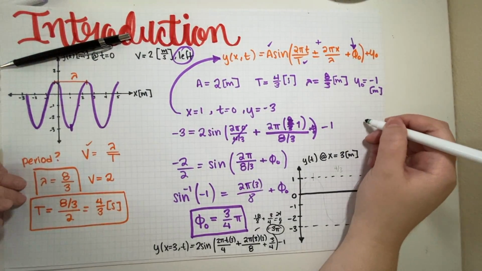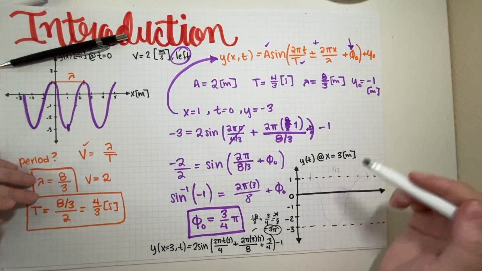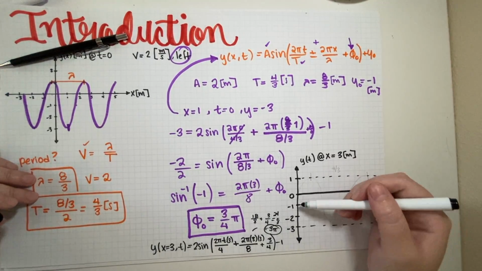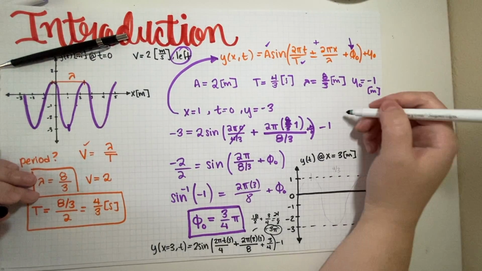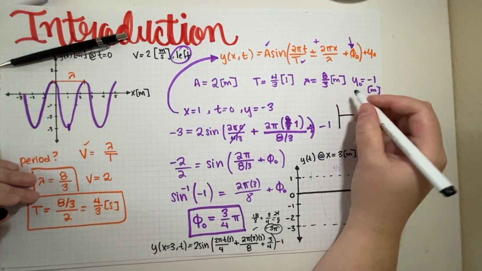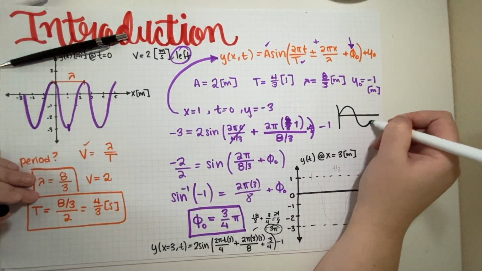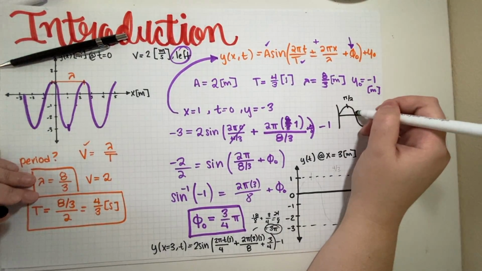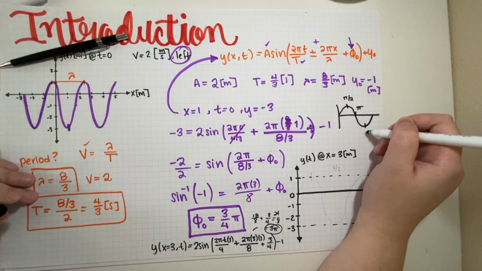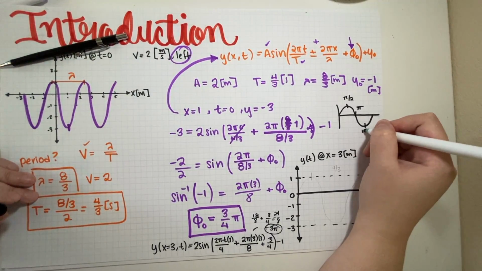Now, if you remember your unit cycle in your original sine function, this is your original thing, right? And then this is pi divided by 2, this is pi.